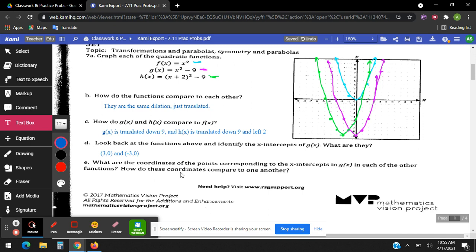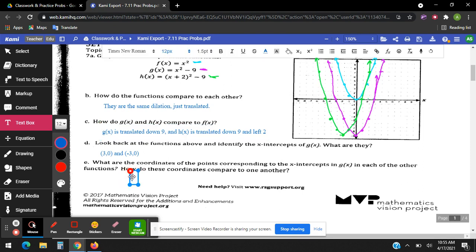So basically, how do they compare to x squared, where they're off by 3? How do they compare to h of x? They are 2 bigger, it looks like.